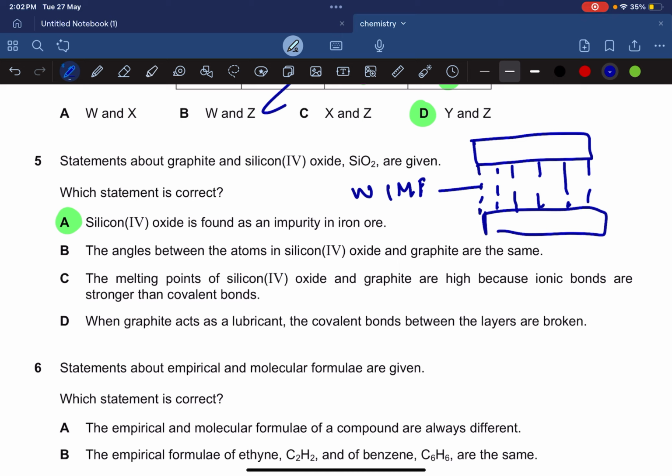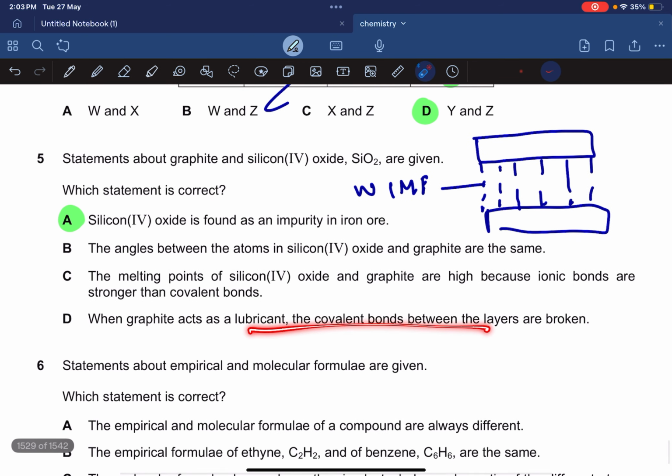What's happening is the weak intermolecular forces of attraction are being broken. And that's why the layers can slip over each other and it can be used as a lubricant. Moving on, that's also incorrect, because when you break the covalent bonds, you're melting graphite, and that's going to require a very high temperature.